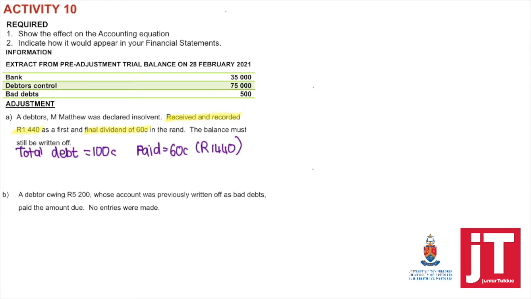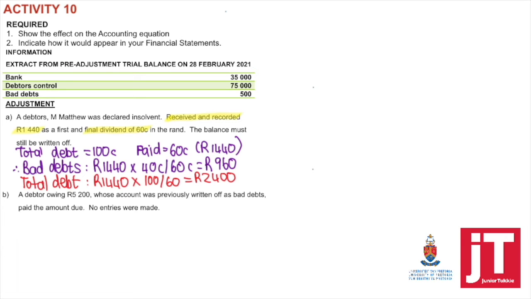He paid 60 cents for every 1 rand or 100 cents which is outstanding, and that amounted to 1,440. So to find out the bad debts that must be written off, we're going to take 1,440 times 40 divided by 60 cents. And that equals 960.